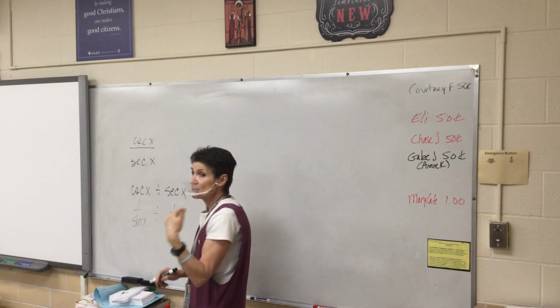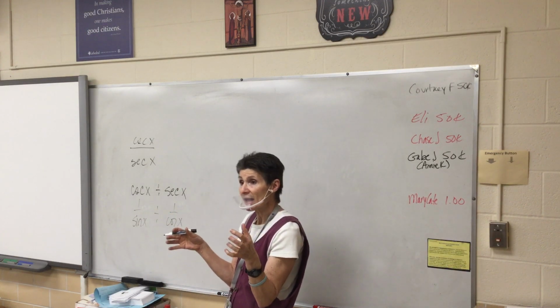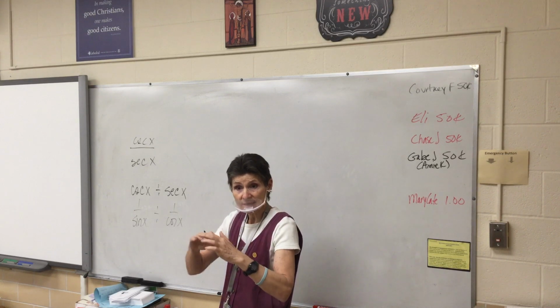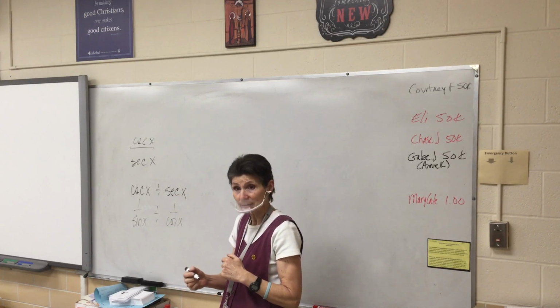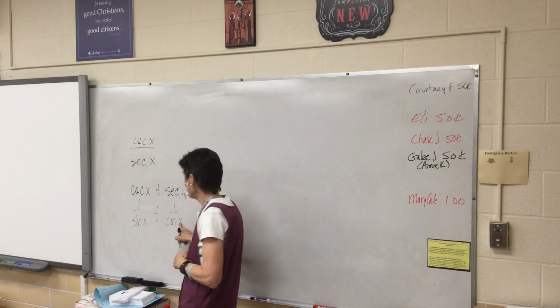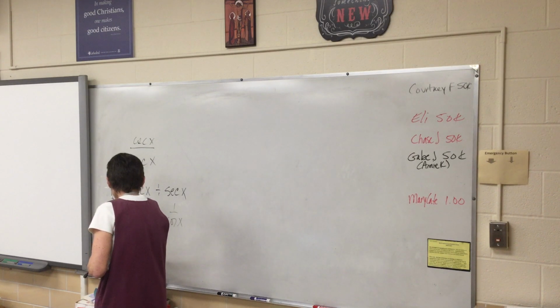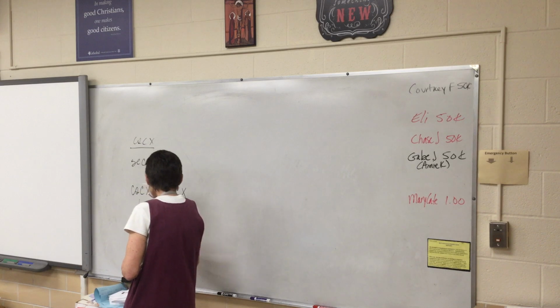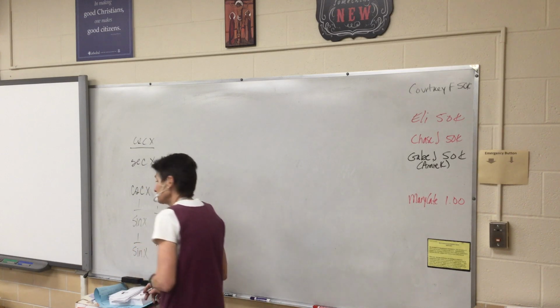Now, kids, you see why she wrote it sideways like that? Because now she can see I'm going to flip over the second one and multiply, because that's what I do when I divide fractions. So she has 1 over sine times cosine over 1.